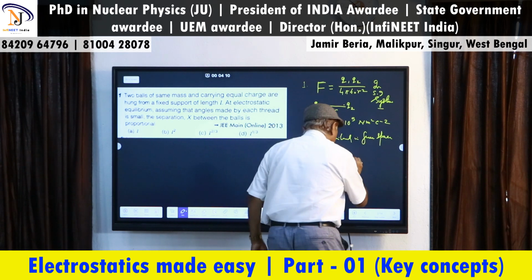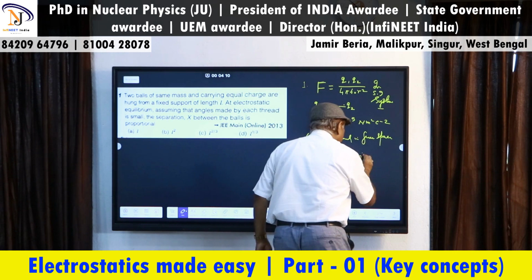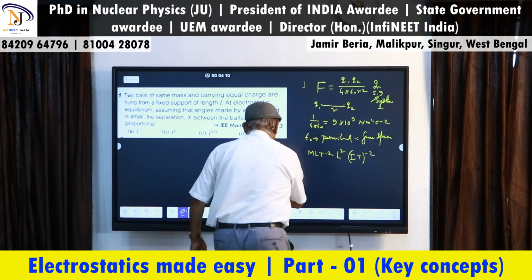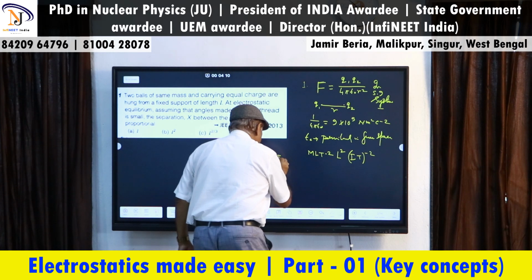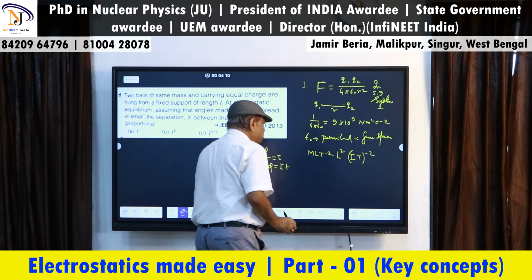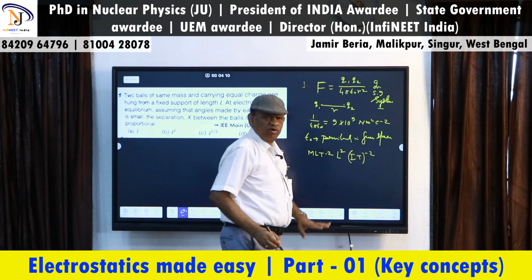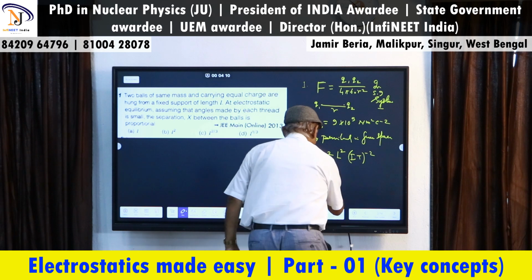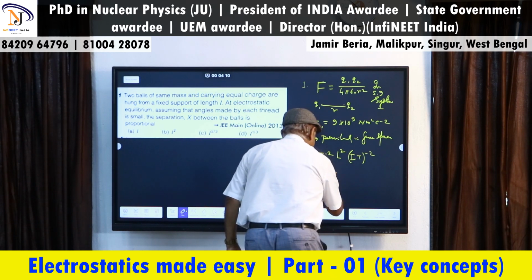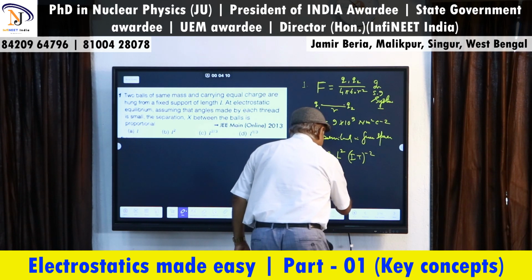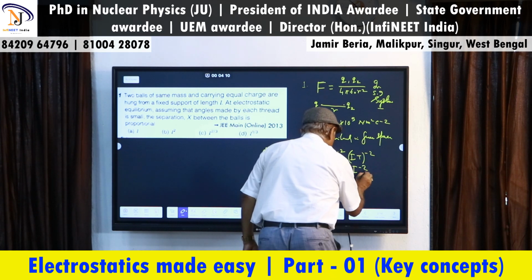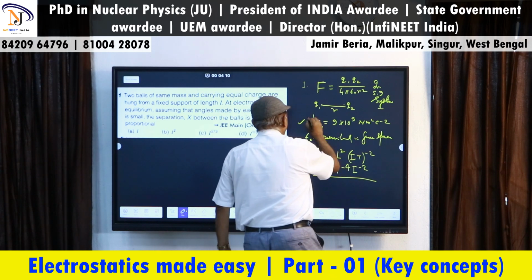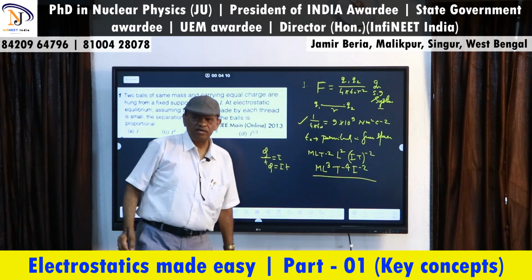Coulomb means I into T, because we all know that Q by T equals to I. So Q equals to I into T. Then I may write like this: M L cube T to the power minus 4 I to the power minus 2. This is the dimension of 1 by 4 pi epsilon naught.